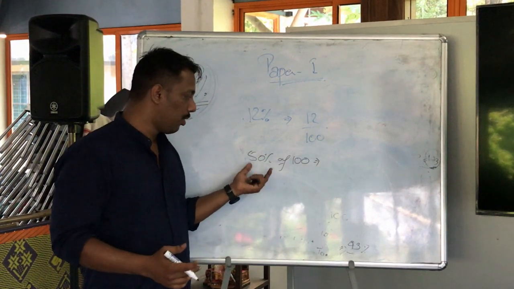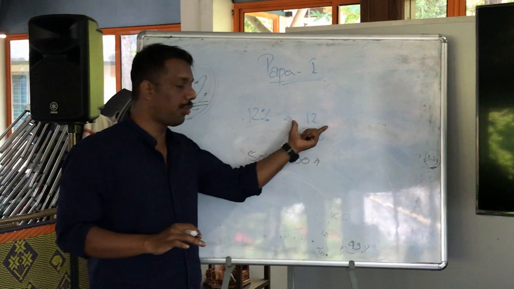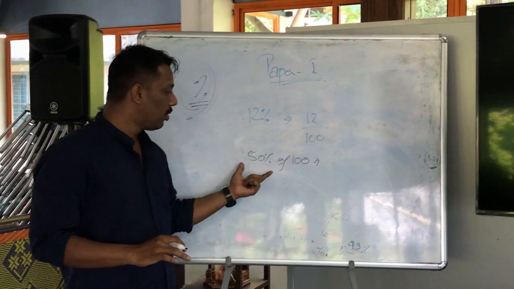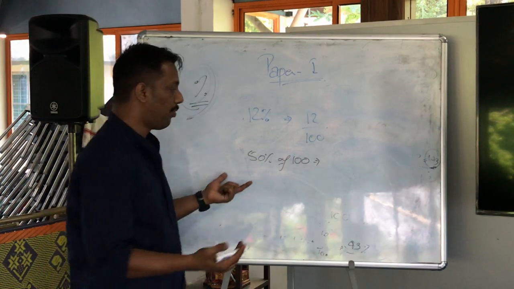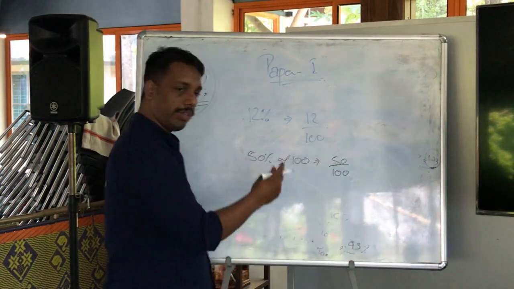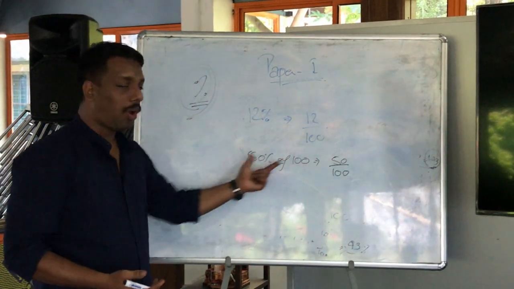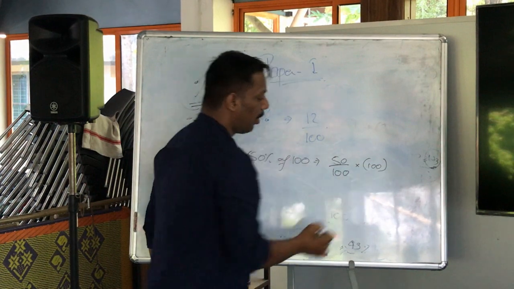It means, what is 50%? It is nothing but 50 out of 100. So 50% of 100 means 50 out of 100, where 100 is any value like 100.